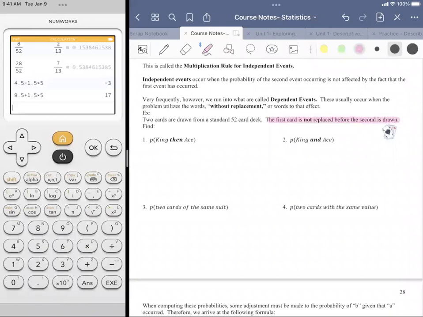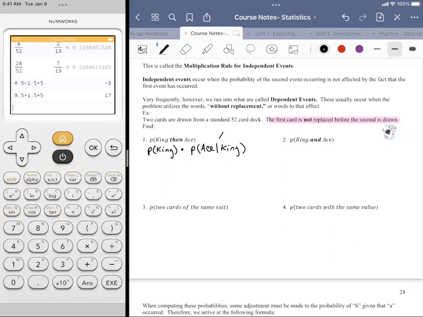All right, that's the key ingredient there, because if I say probability of getting a king and then an ace, I'm saying the probability of getting a king, then the probability of getting an ace, given that my first card was a king.